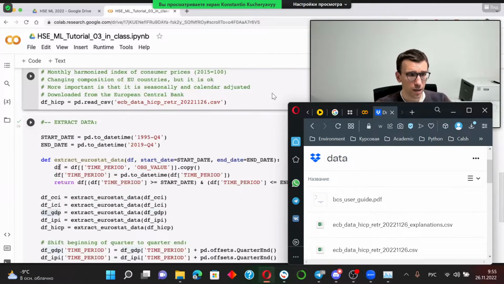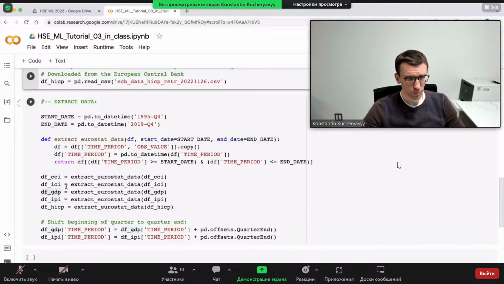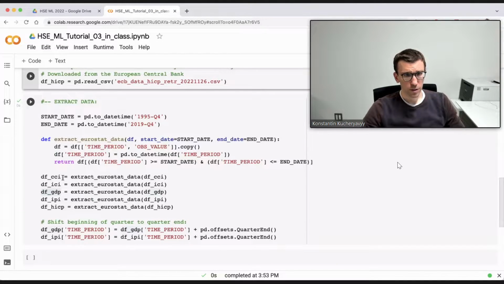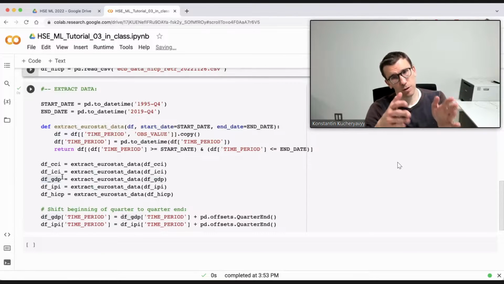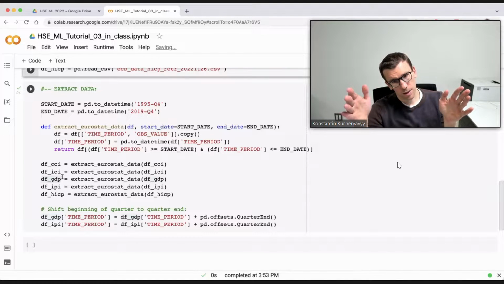So I will be transforming all the monthly data into quarterly by averaging the monthly values in each quarter, and then assigning the resulting value to the end of the quarter.